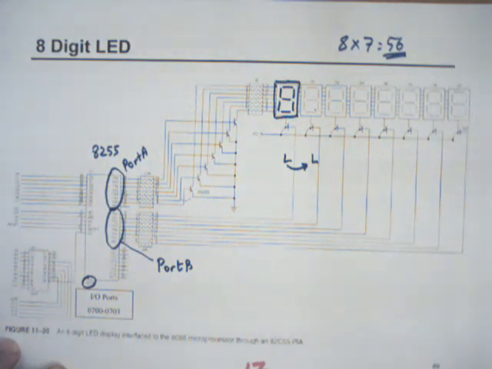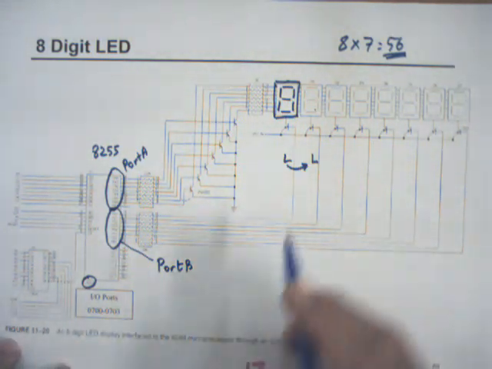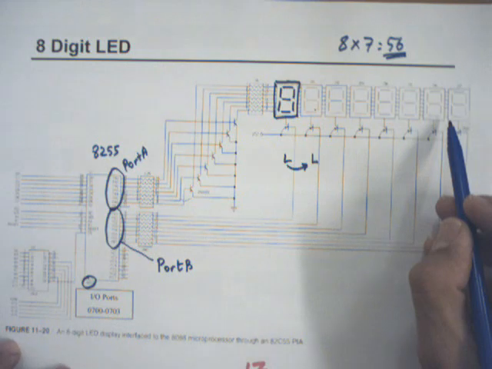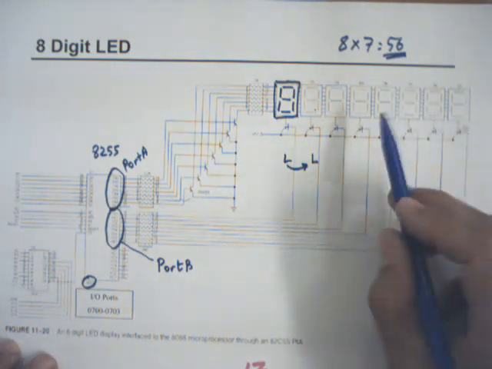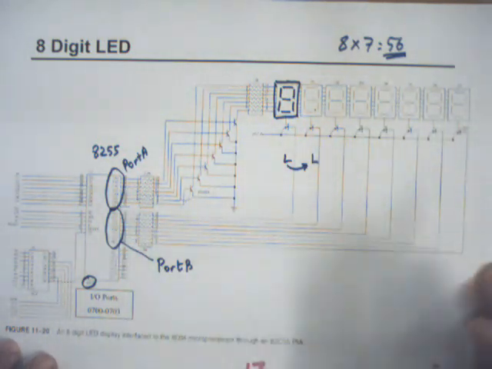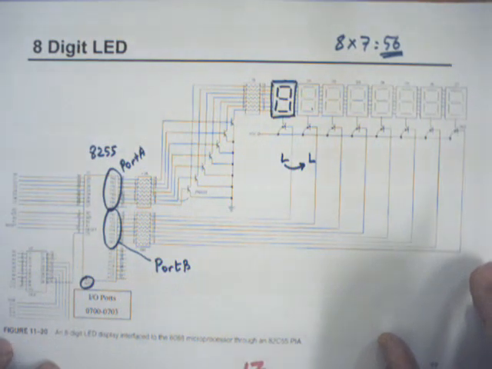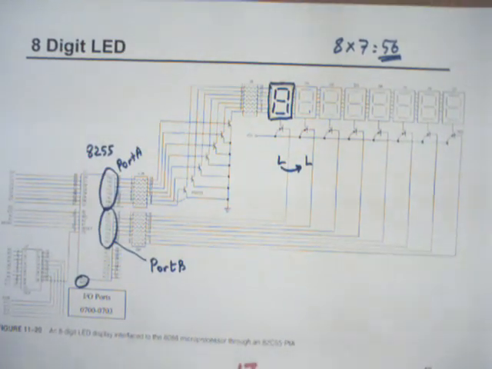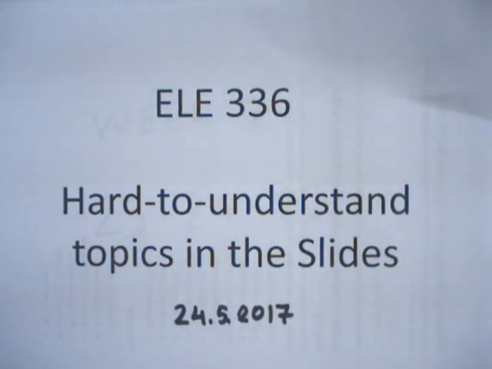But nowadays, most people are using LCDs. People are not using 7 segment displays anymore. That much complexity is not required in today's microprocessors and controllers. So that's about it. I hope this will be helpful to understand your hard to understand topics in ELE 336.